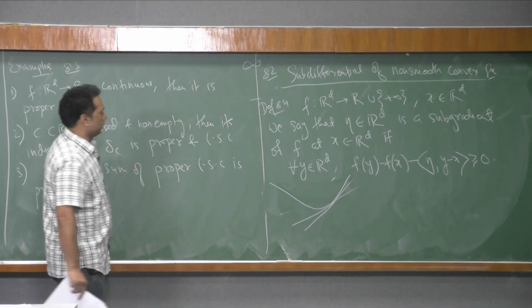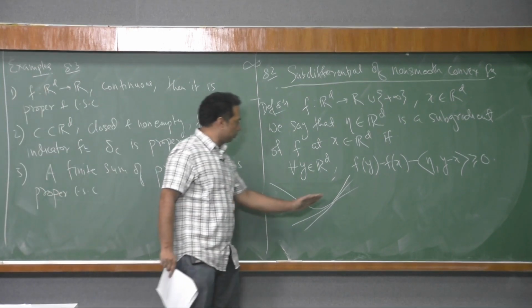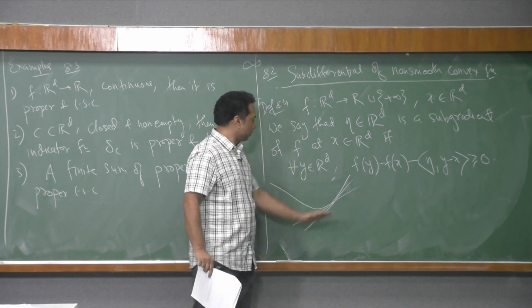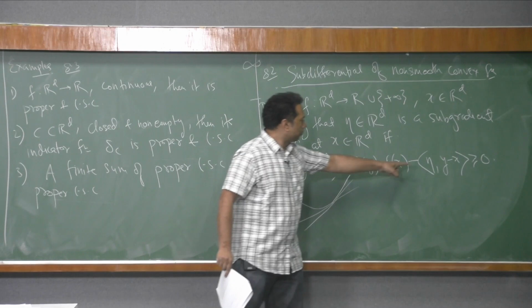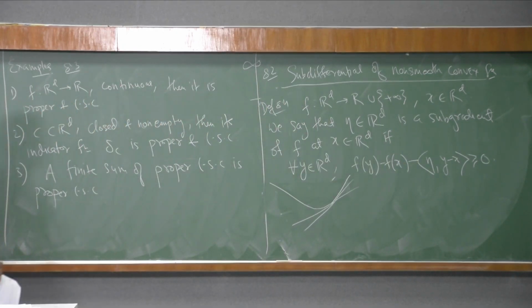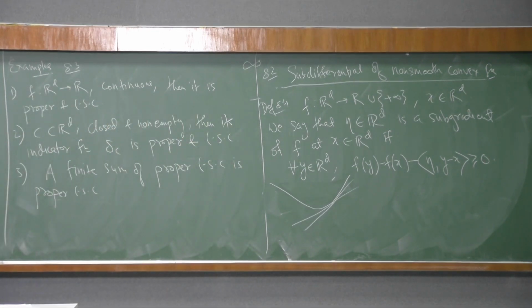What subgradient says is that since it is convex, I certainly have a guarantee that there is a plane which is a lower bound. But then to define the subgradient, we are saying, okay, collect all those planes that can act as a lower bound with the slope eta, and that is how the subgradient is defined. Okay, so if you can recall this, we have discussed this before. So that's the definition of a subgradient.